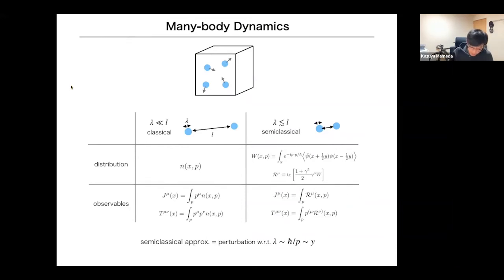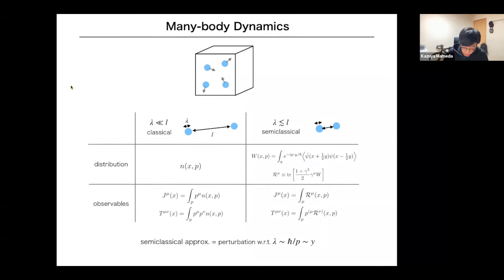And the important point is that the semi-classical approximation is nothing but the perturbation with respect to lambda. As I said before, this lambda describes the size of the wave function.